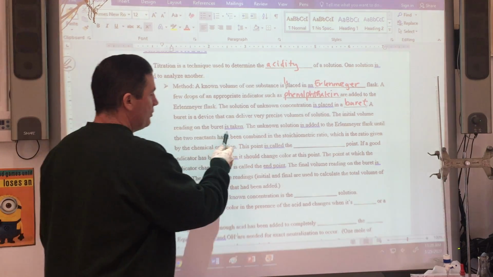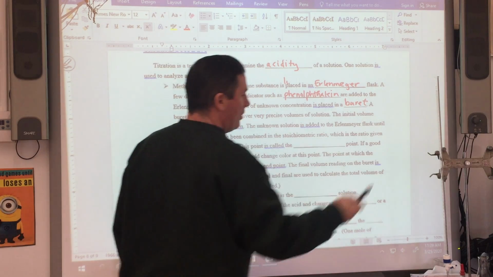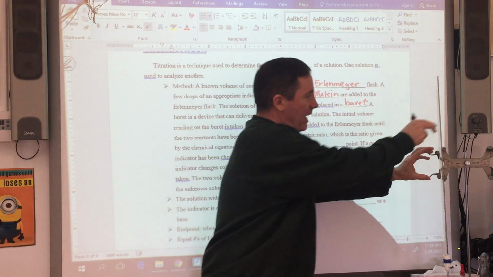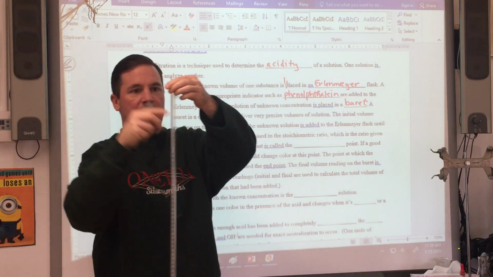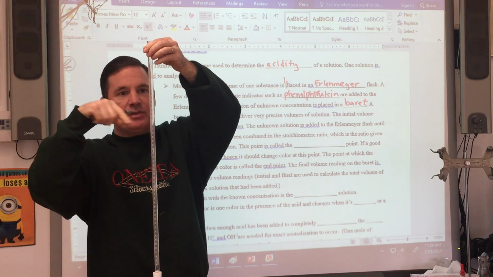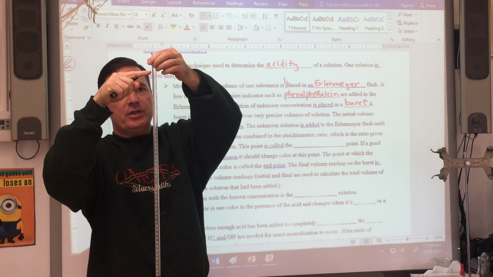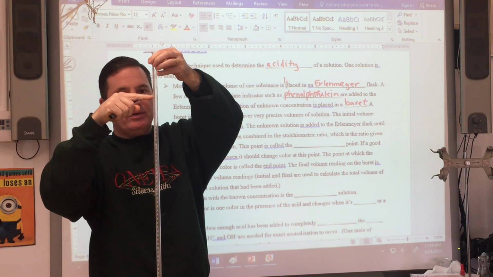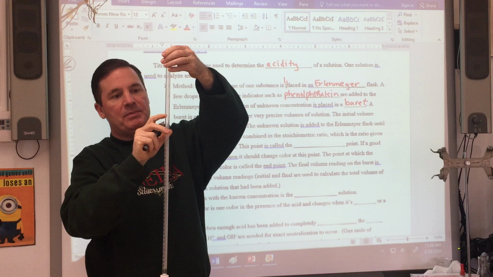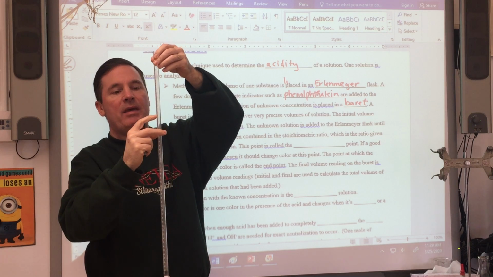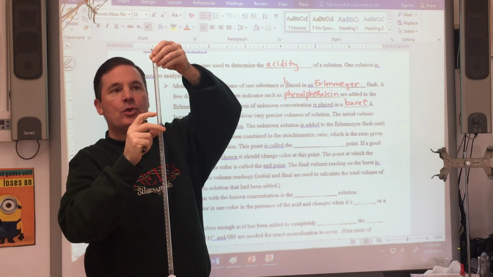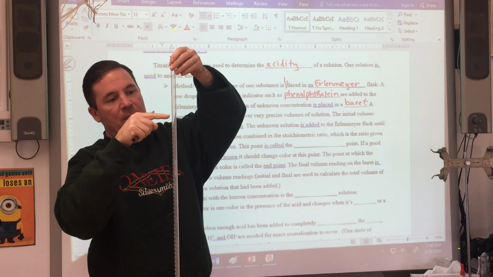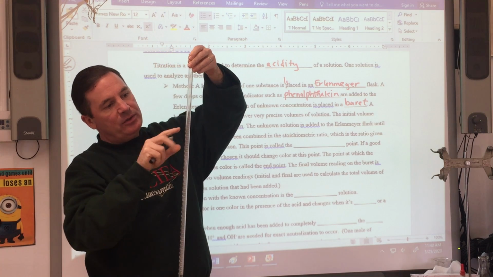So the initial volume is read, so we could start at 0. And then as I add to this, as I open this up and stir it at the same time, always swishing it around, the volume will go down, down, down, and let's say it stops on 11.2. That means I've used 11.2. Remember, the numbers here are going down.